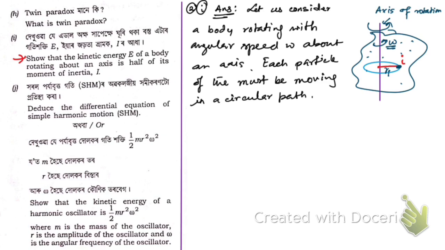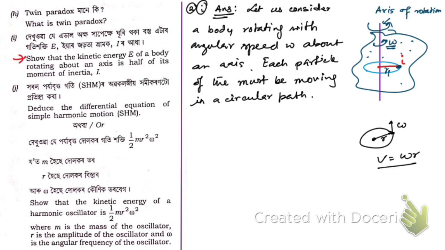We know that if a particle is moving in a circular path of radius r with angular velocity omega, then its linear velocity v is given by omega into r.